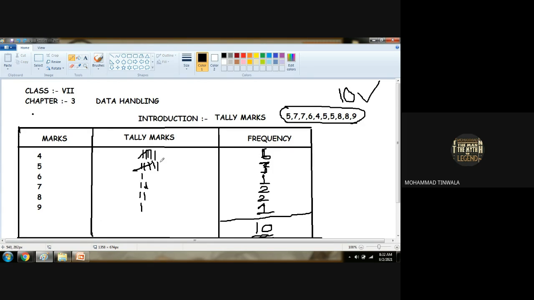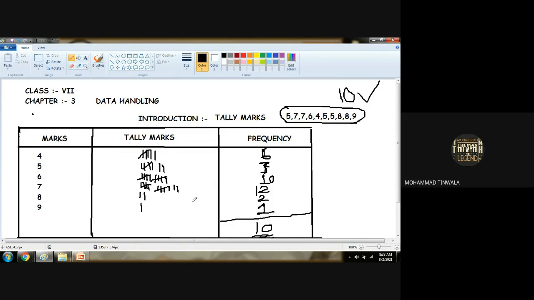If 6 is of 10 times, what you will do: 1 2 3 4 5 6 7 8 9 10, that's it. If this is of 12 times, then again 1 2 3 4 5 6 7 8 9 10 11 12. Are you getting how to work on this, boys?